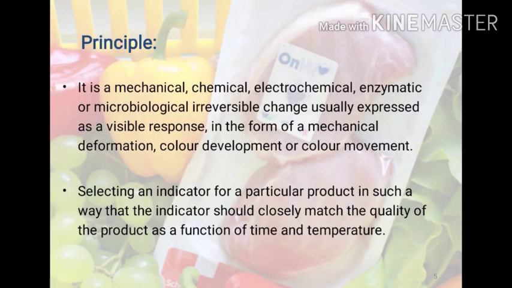So what are the principles of this time temperature indicator? The principle of this time temperature indicator is a mechanical, chemical, electrochemical, enzymatic, or microbiological irreversible change, usually expressed as a visible response in the form of mechanical deformation, color development, or color movement.